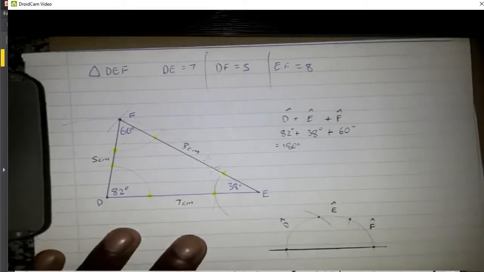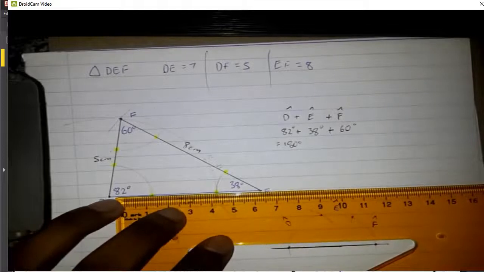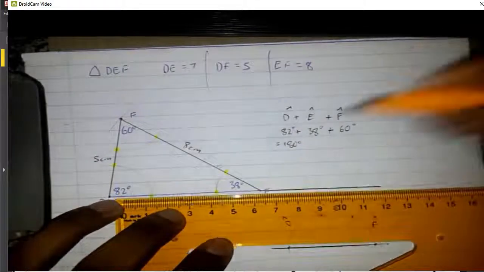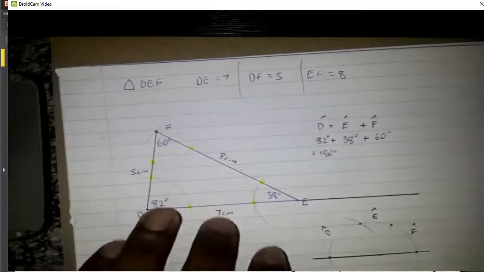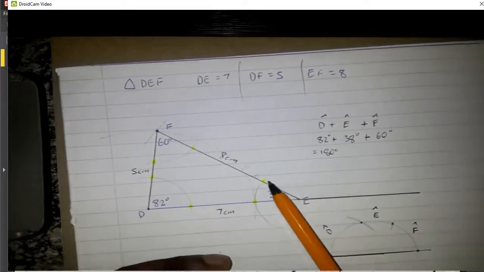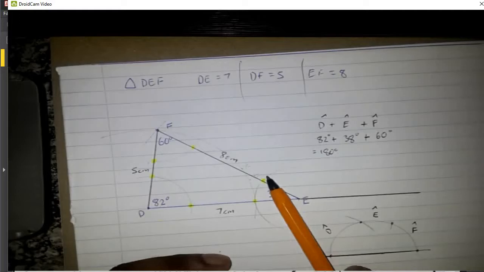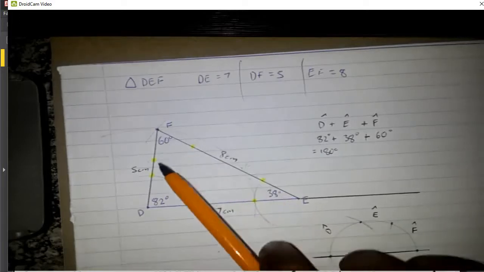Let's see, right? So if I extend this line here, there we go, we extended the line, right? So what we're saying is, see here, this is equal to this plus this.